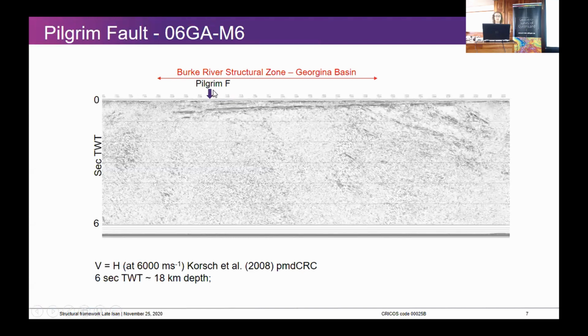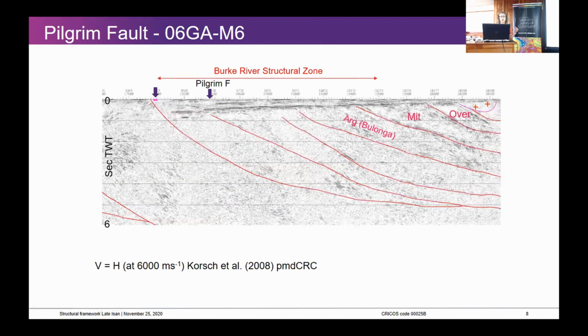Now, the location of the Pilgrim Fault that I've highlighted here is the one that was used in this interpretation, and the westernmost Cambrian units sit in here. The interpretation at that time was dominantly listric east dipping structures.